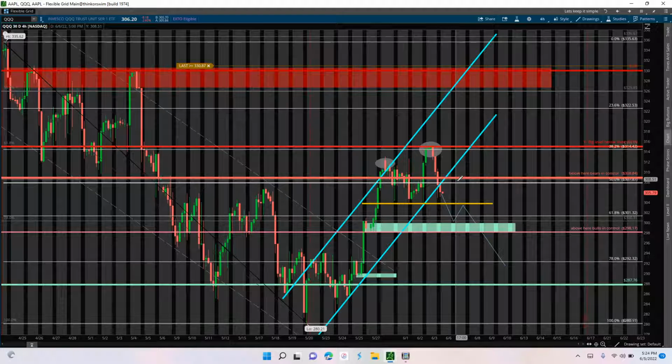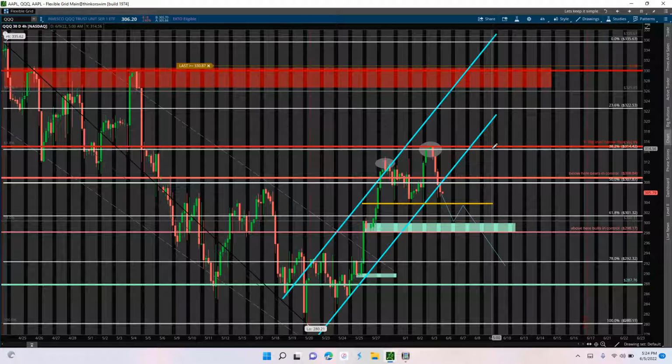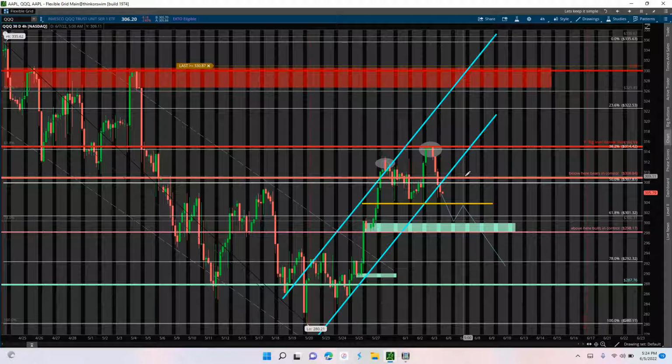So if it rejects 308, you can enter it short. If we break above 308, then you want to make sure it holds above 308 if it's really going to come test 315. But as of right now, 308, 309 is your resistance to watch. If we are trending down, we shouldn't get past above it.